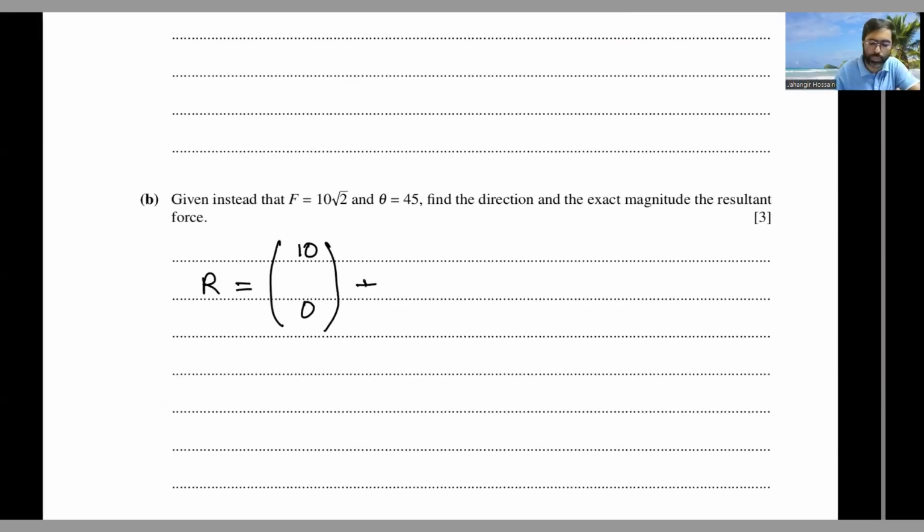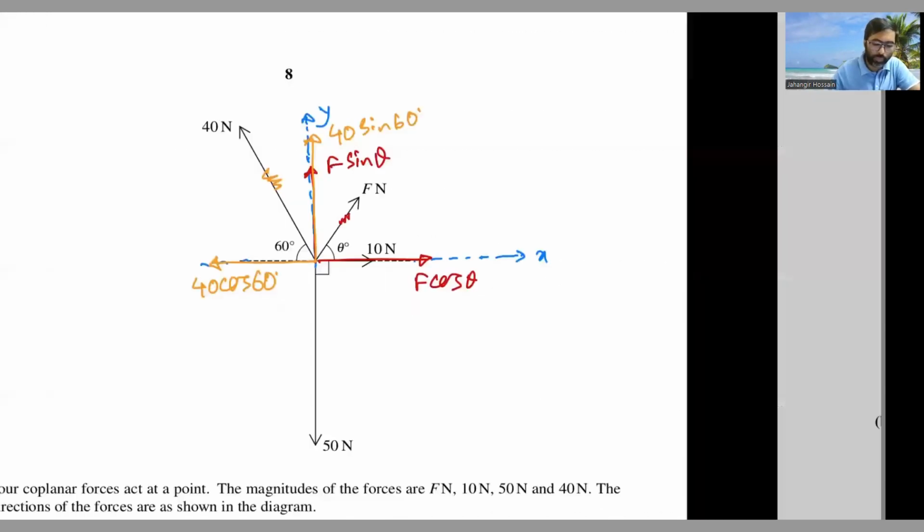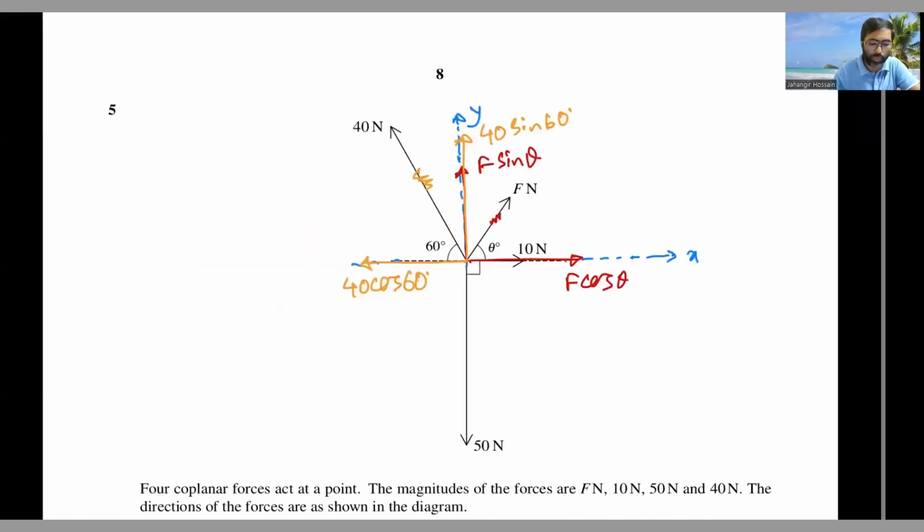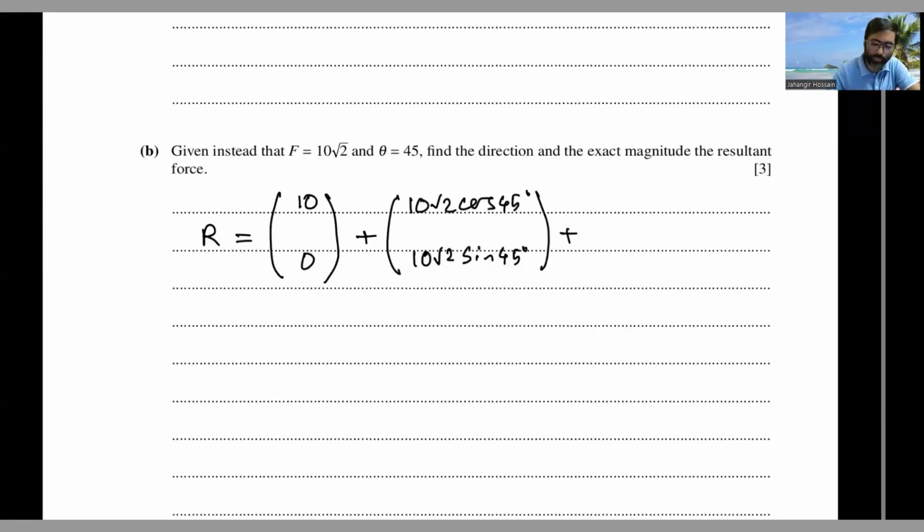So 10 root 2 cos 45, x component positive, then 10 root 2 sin 45, y component positive, plus the component of 40 Newton. It is in the third quadrant, so the x component is minus 40 cos 60, and the y component is minus 40 sin 60.